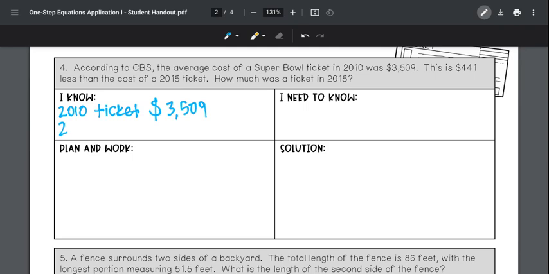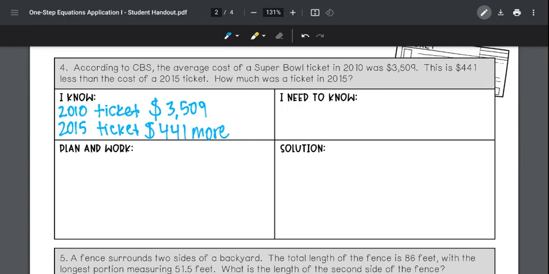Okay, so in 2015, the ticket cost $441 more than in 2010.